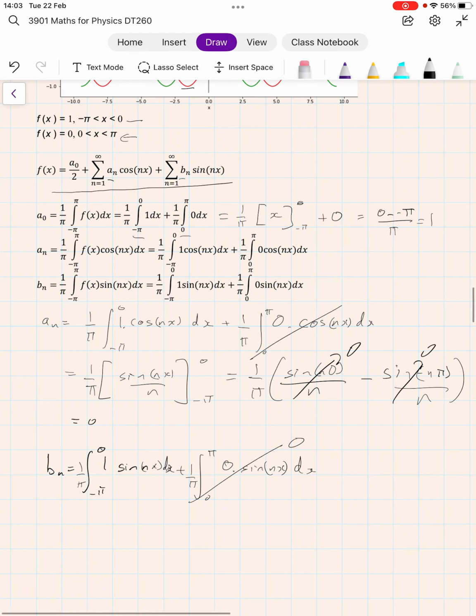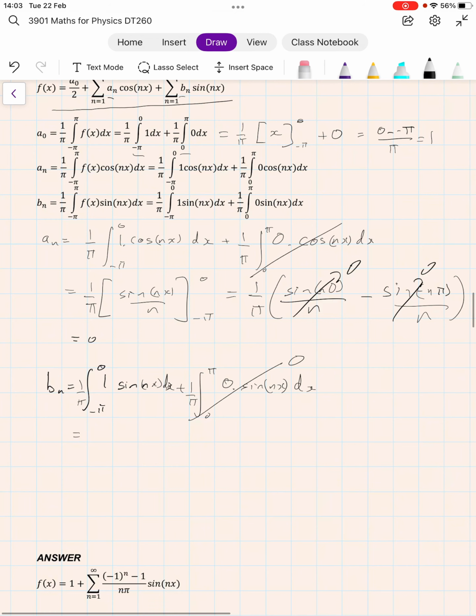Once again, that's 0, so we don't worry about it. And we just integrate this. That's 1 over pi minus cos nx divided by n from minus pi to 0.